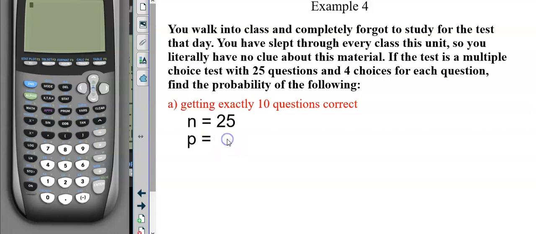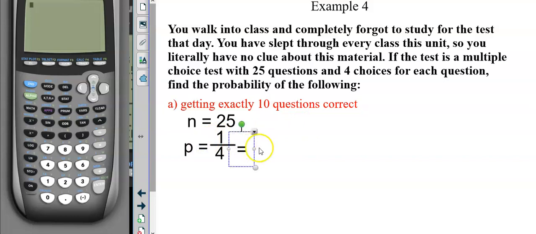If you think about it, there's one correct answer, just one, but there are 4 choices to choose from. So 1 out of 4 is your probability of getting the question correct. So here, the probability is 1 out of 4.